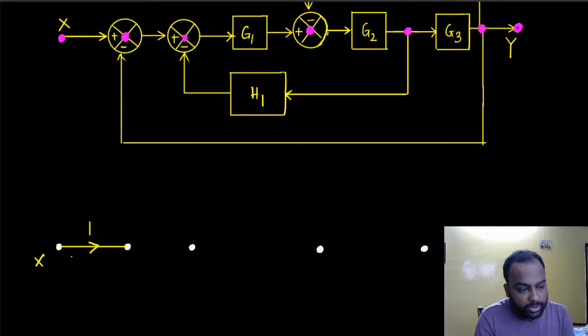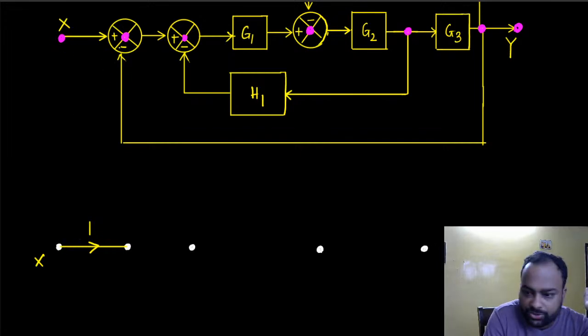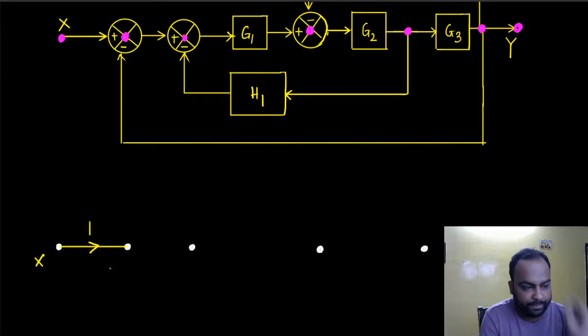Here signal X is reaching this summing point without any alteration. So the weights on this graph are essentially the gains the signals encounter. This signal encounters a gain of 1, so X reaches this point with a gain of 1.